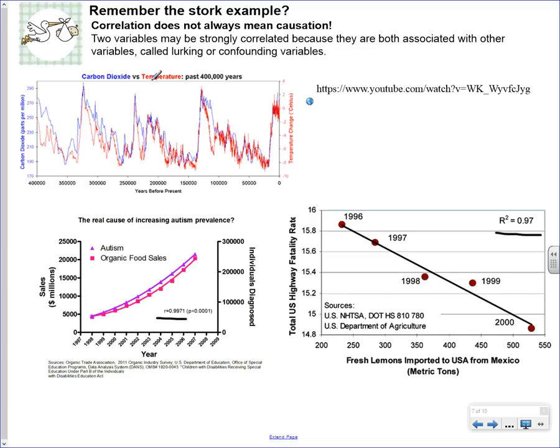However, some scientists, when they look through this graph, say that actually it's the temperature rising that's causing carbon dioxide to rise. So it's a difference in which one is the explanatory variable and which one is the response, okay? And that's a little YouTube video there, kind of explaining a little more on that.